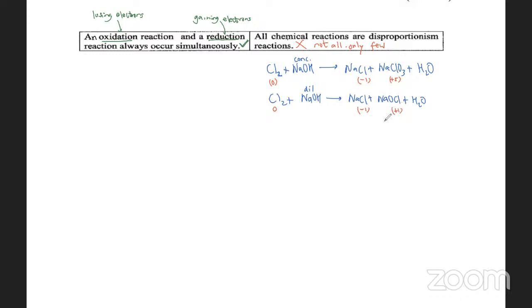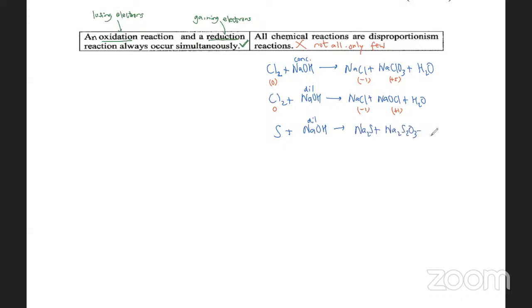That is what you call a disproportionation reaction. Can you remember any other disproportionation reactions we learned? Wait a minute, there are more. Sulfur can react with diluted sodium hydroxide and form sodium sulfide and sodium thiosulfate.